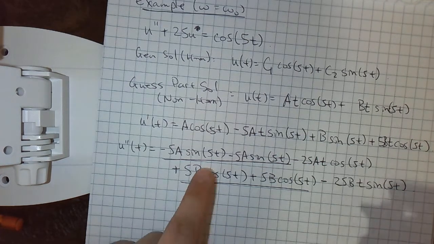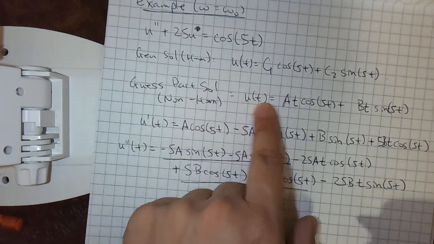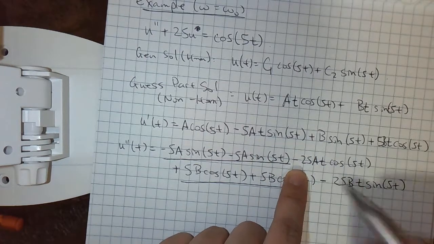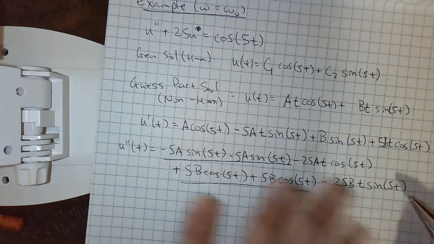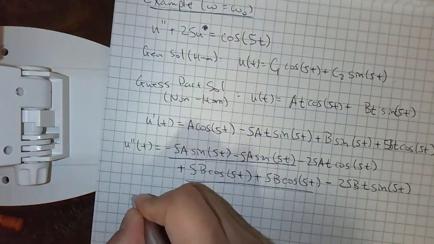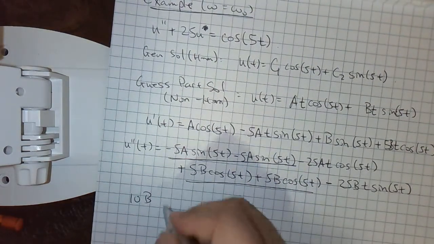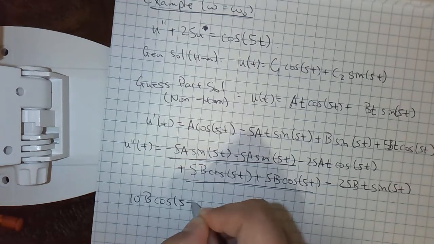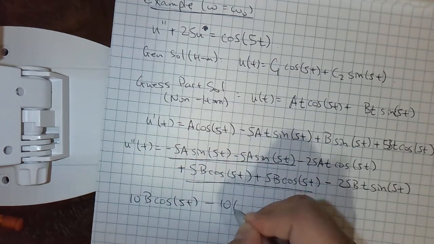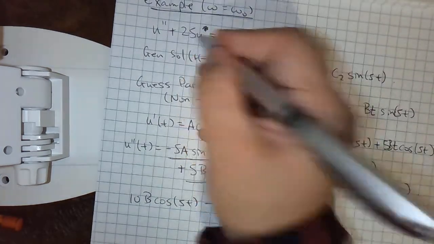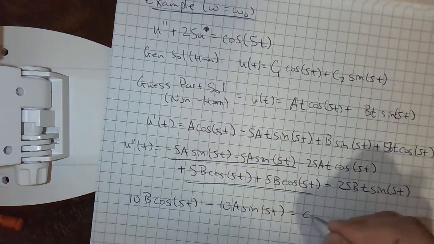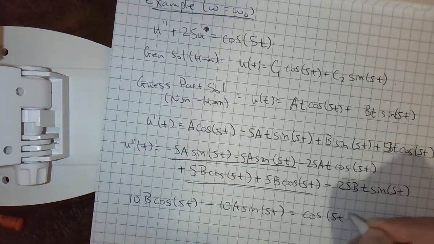And then the 25 times the u of t is actually going to cancel out with these negative terms. So those will go away, which means on the left side I'm just left with 10b cosine 5t minus 10a sine 5t. Everything else is going to cancel once I add in my 25u. And then on my right side, this is cosine 5t.